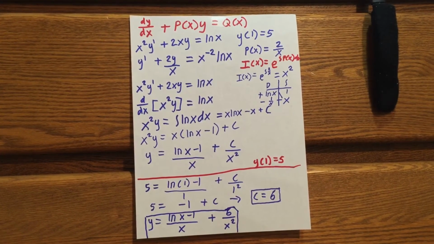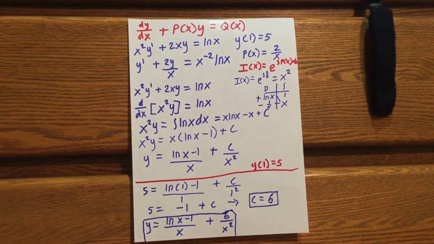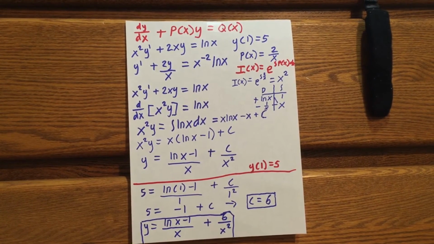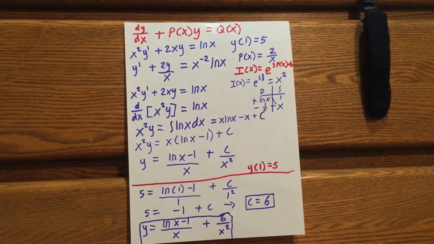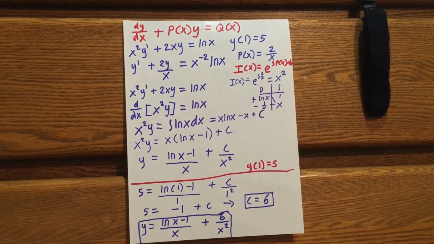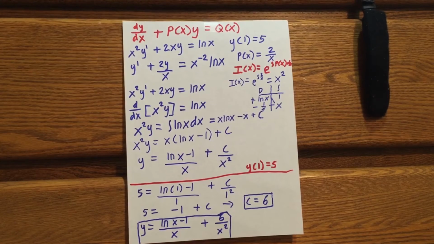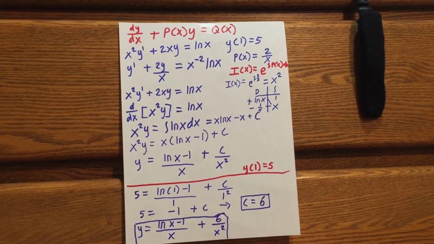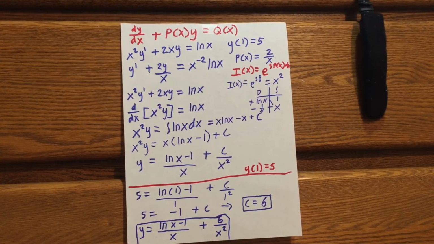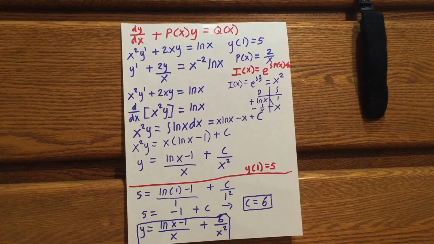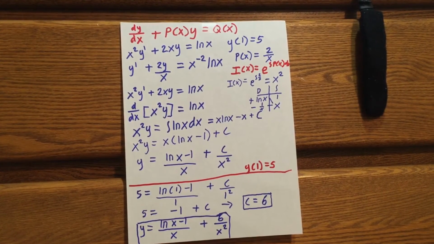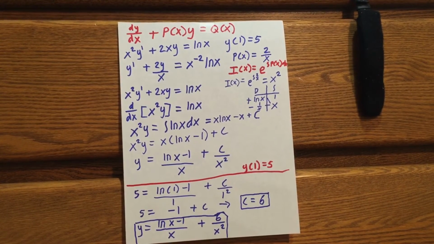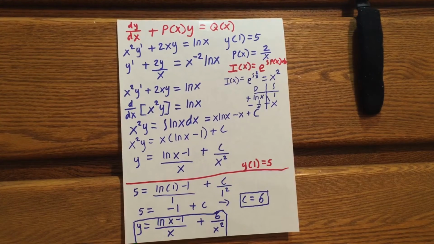And once you have it like that, you know that x squared y is equal to the integral of ln x dx. And then upon finding the integral of ln x dx, which I did with integration by parts, as you can see on the right side of the page there, you come out to x ln x minus x plus c is equal to the integral of ln x dx.